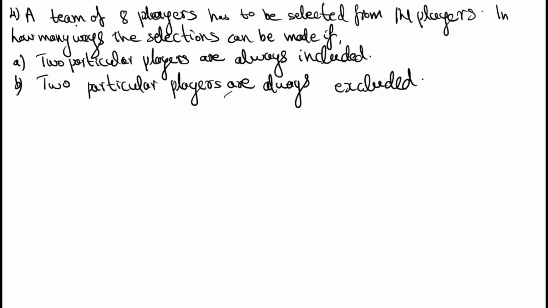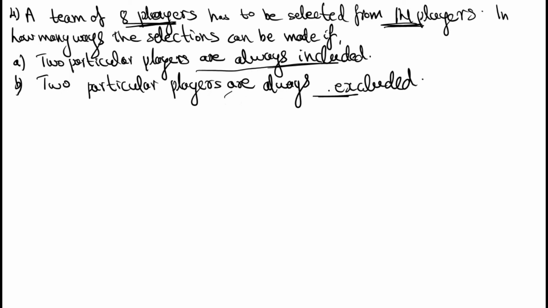See the next question. A team of 8 players has to be selected from 14 players. In how many ways can the selection be made if, first, two particular players are always included. Whatever team you are constructing, two persons are common. And the second case is, two particular players are always excluded.